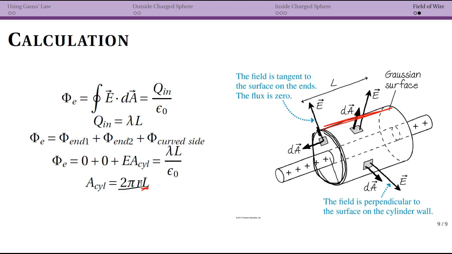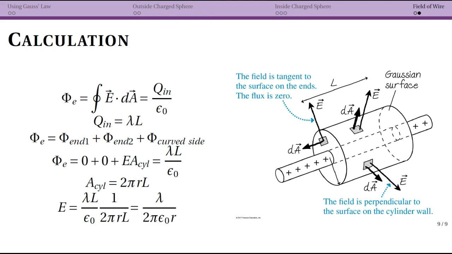And so we're going to plug that in for this and rearrange to get the electric field. So I've just pulled that over to the bottom. Notice now that it is going to simplify a little bit. And that's good. That's what we want. We want those L's to cancel because we didn't expect L, which feels completely arbitrary, to matter.